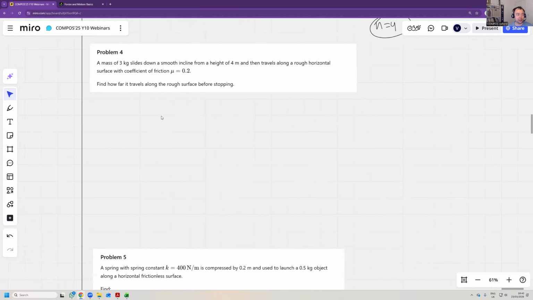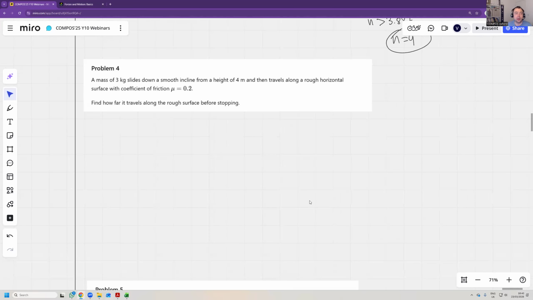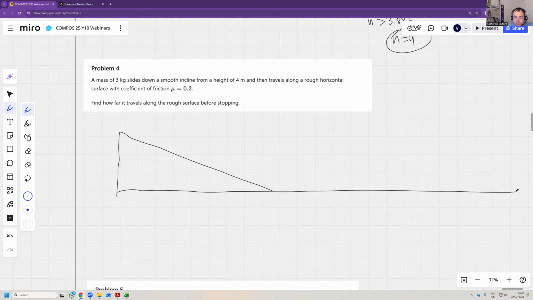A mass of 3 kilograms slides down a smooth incline from a height of 4 meters and travels along a rough horizontal surface with coefficient of friction of 0.2. So we have a smooth incline, an object of 3 kilograms, height of 4 meters.